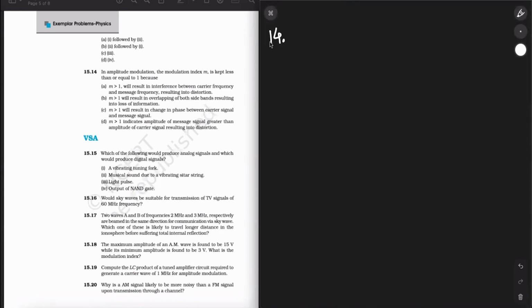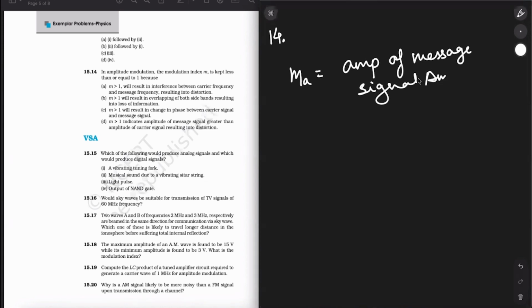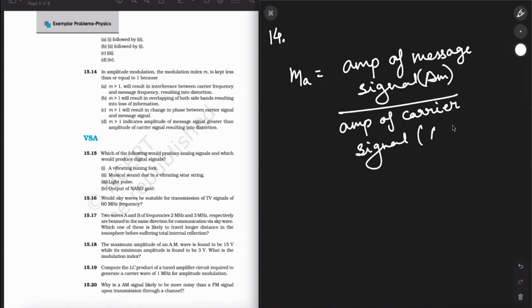Now the modulation index MA is equal to the amplitude of message signal, AM, divided by the amplitude of carrier signal, AC. So for M greater than 1, AM will be greater than AC.